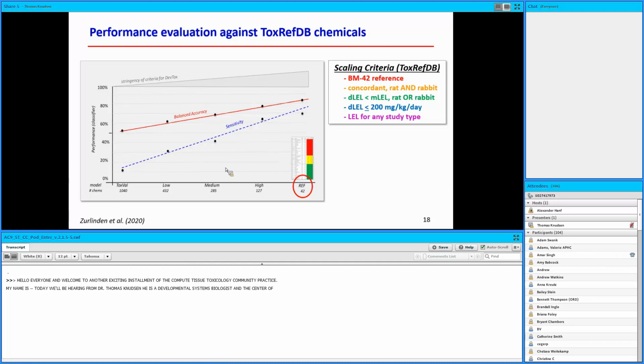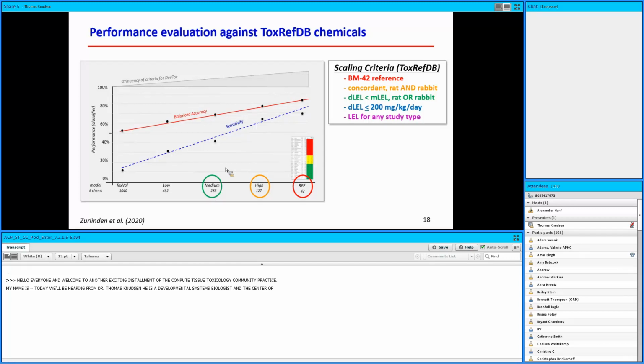Now, if we start digging into our ToxCast chemicals and look for things that give very well-curated effects in pregnant rats and rabbits in particular, we can expand that 42 set to 127 chemicals that are concordant in their responses, both positive and negative, between studies in a pregnant rat and a pregnant rabbit. So the two-species positivity or negativity would be a good indication of human potential developmental hazard, at least in the pharmaceutical world.